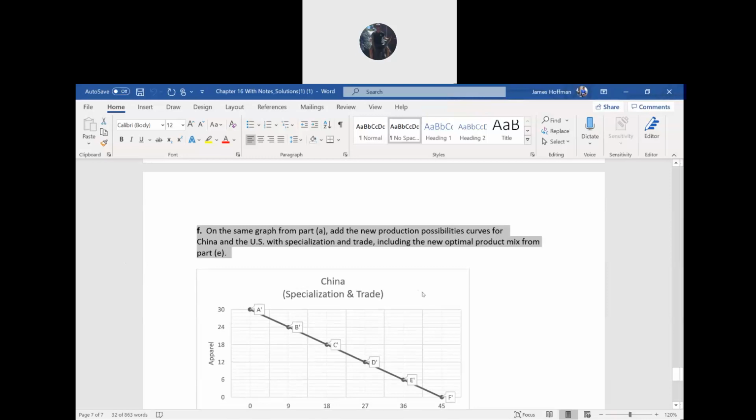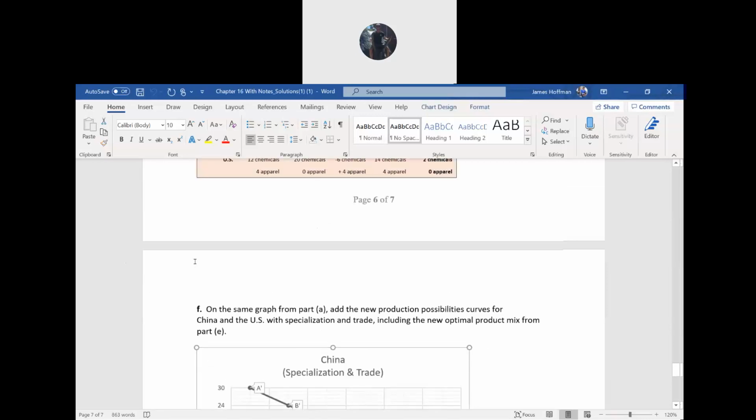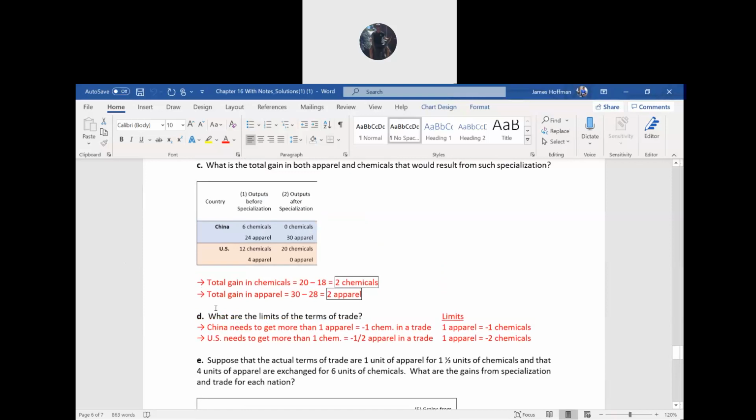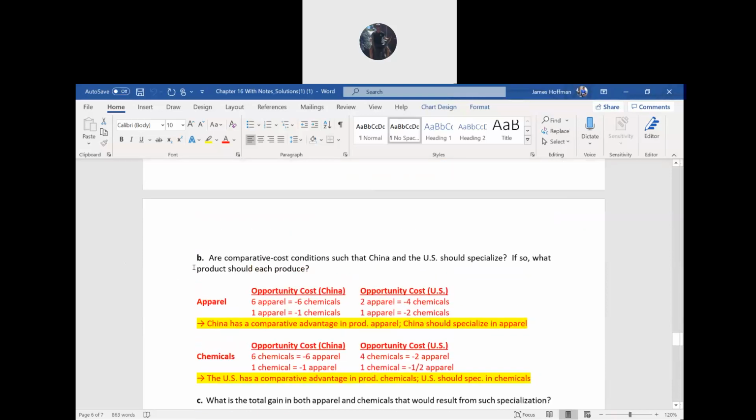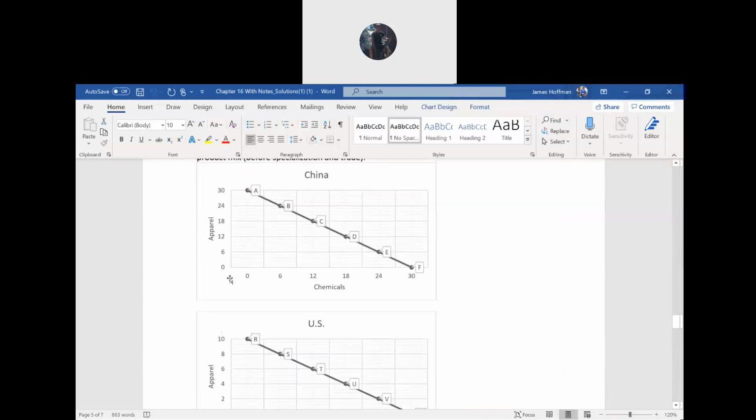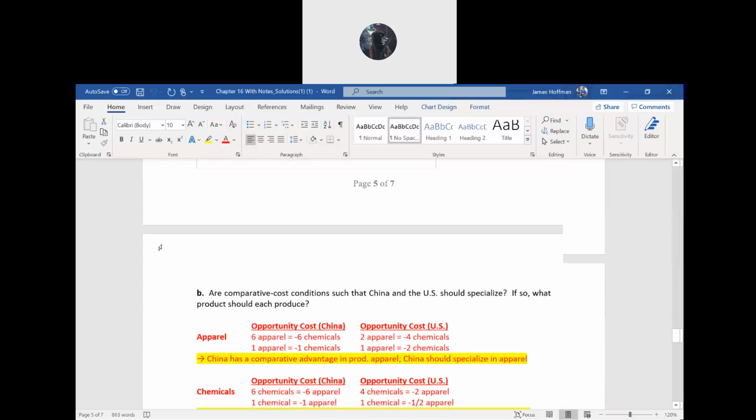Okay, so China would specialize in apparel, which means keep the apparel axes the same. Okay, so this is going to stay the same. So stick with the apparel 0, 6, 12, 24, 30.